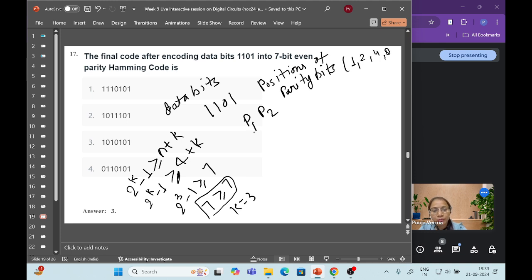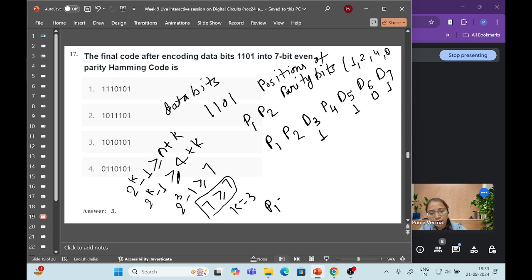So I am writing it here: P1, P2, then data bit D3, then P4, D5, D6, D7. That means there are 4 data bits, already given: 1, 1, 0, 1. Data bits are given. Now we need to find out the parity bits from the data bits.